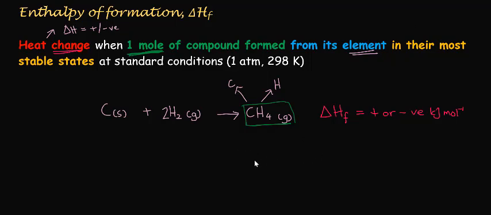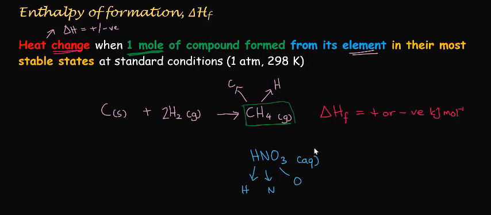Another example, if you want to write down the thermochemical equation for the formation of HNO3. Let's say you want to have the enthalpy of formation for the formation of HNO3. Here we have 3 elements: hydrogen, nitrogen, and also oxygen.